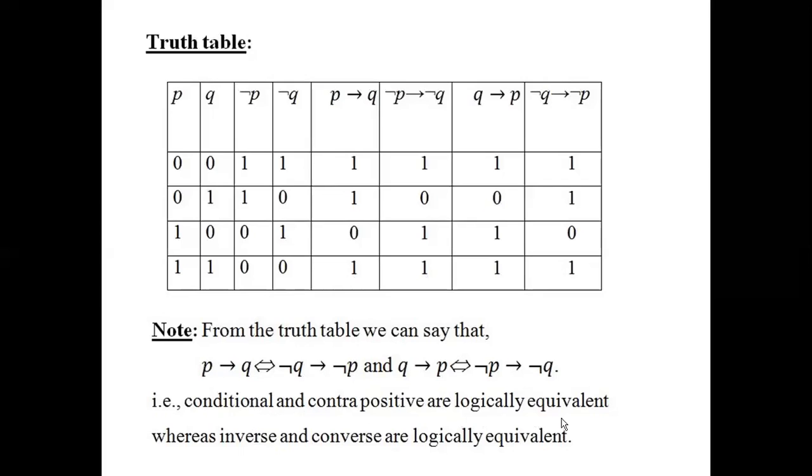That is the first statement here. Secondly, the inverse and the converse are logically equivalent. The inverse is given by negation P conditional negation Q, and the converse is given by Q conditional P. They are logically equivalent to each other.